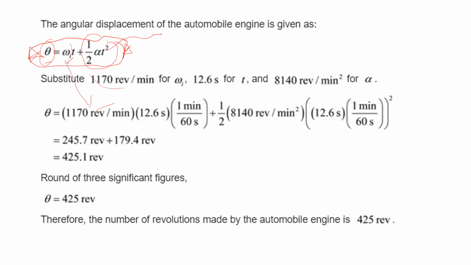This is the time which has been given to us, and this is the angular acceleration that we already found, and that is the time. So we get 425.1 revolutions. That can be rounded up to 425.